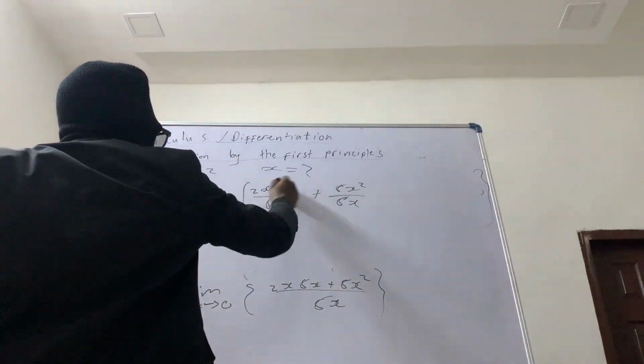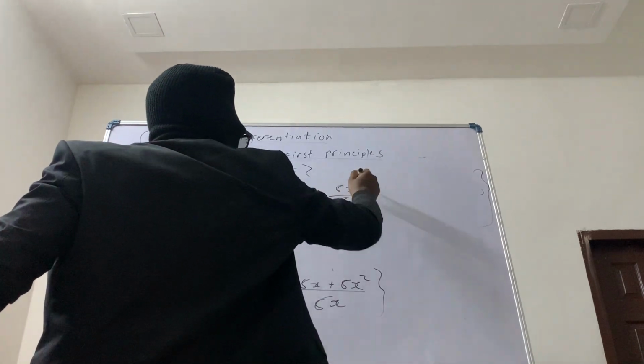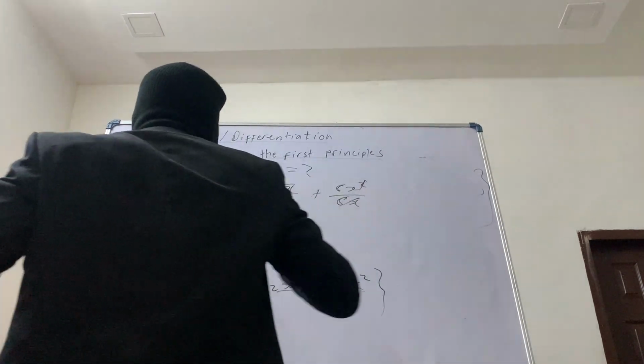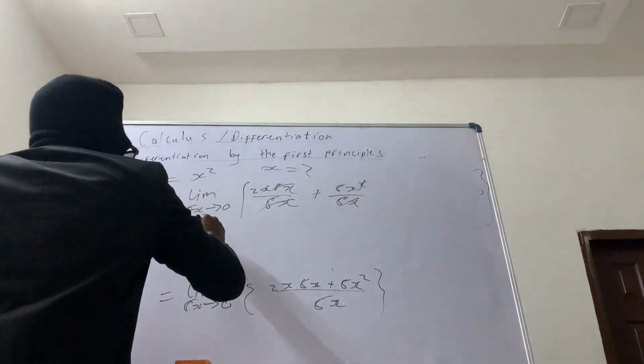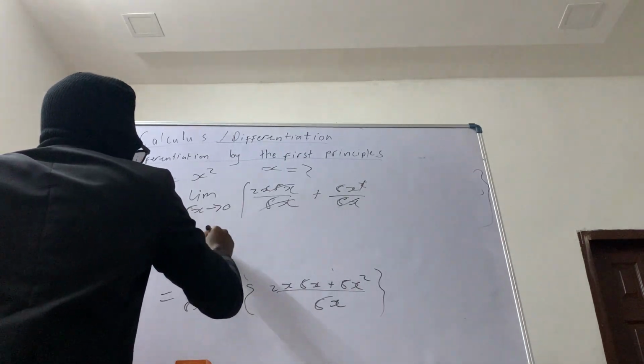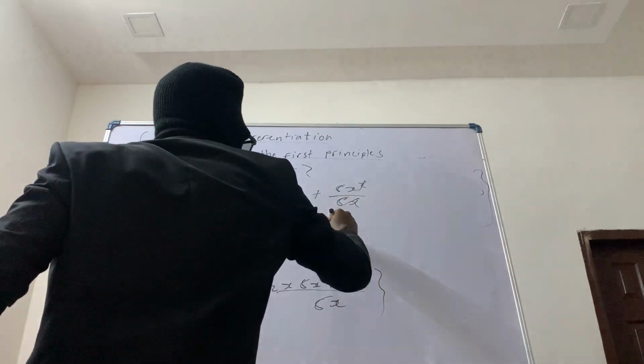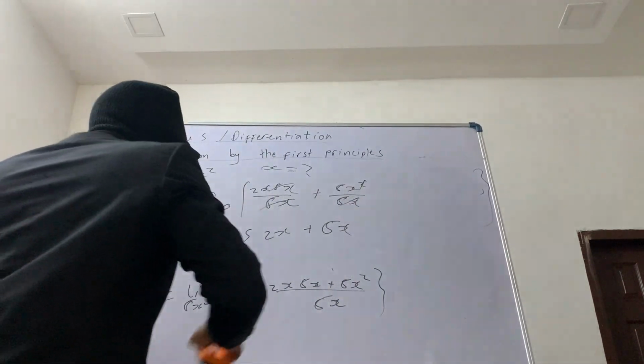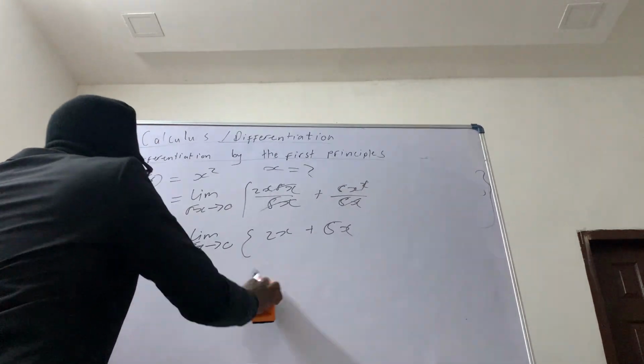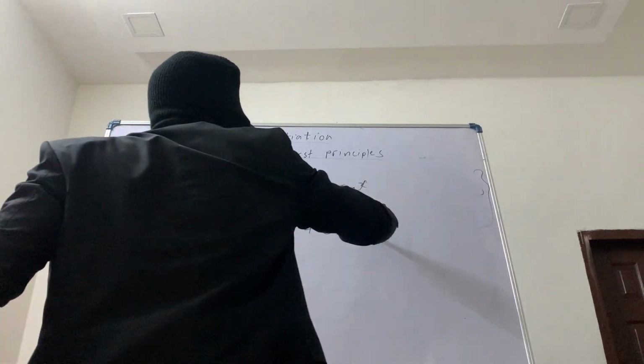These cancel, and we are left with the limit as delta x approaches 0 of (2x plus delta x).